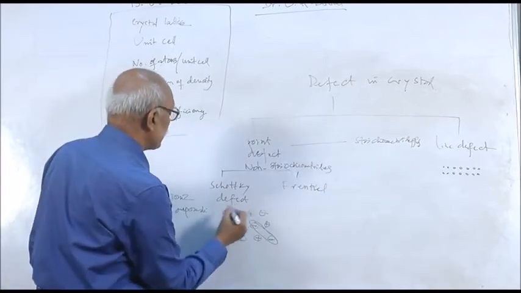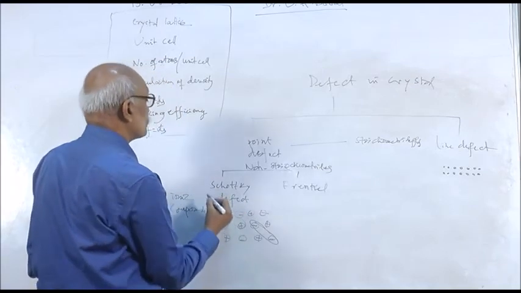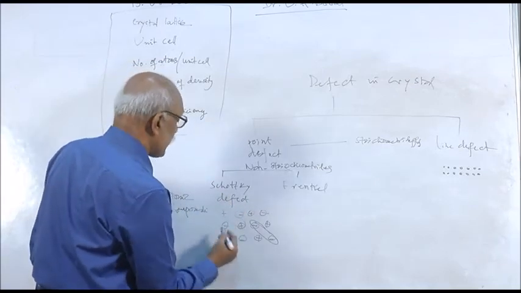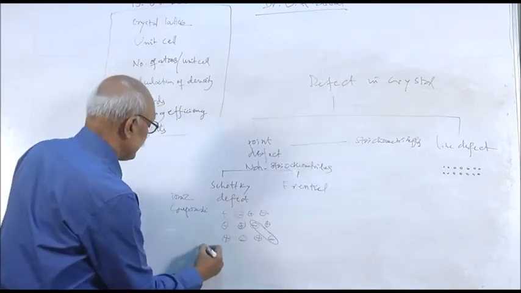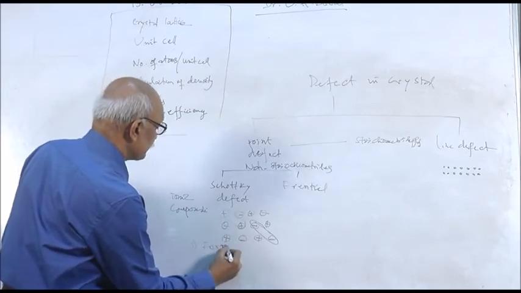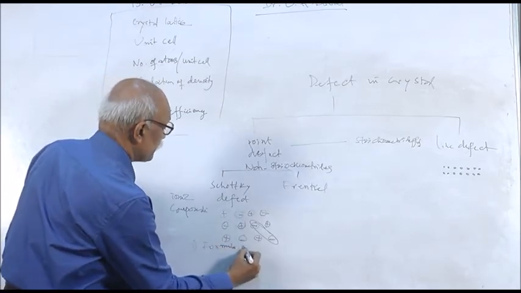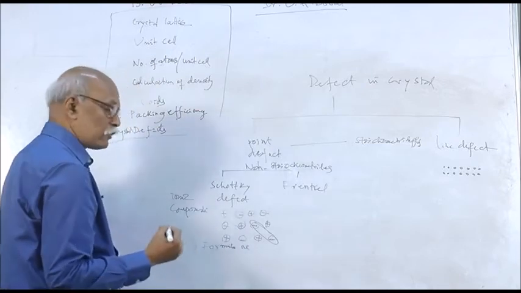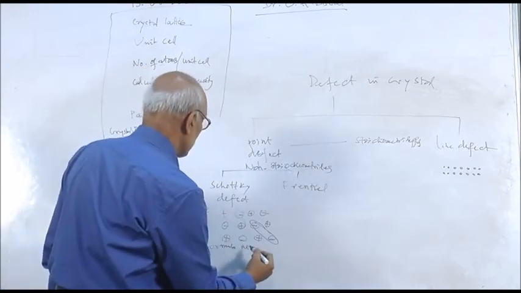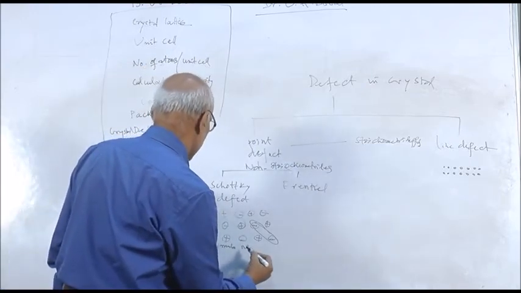So this is your Schottky defect, and this is called a stoichiometric defect, because the formula never changes. According to the law of stoichiometry, the number of atoms remains as per the formula.